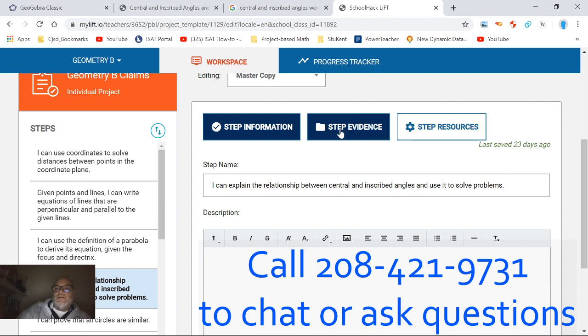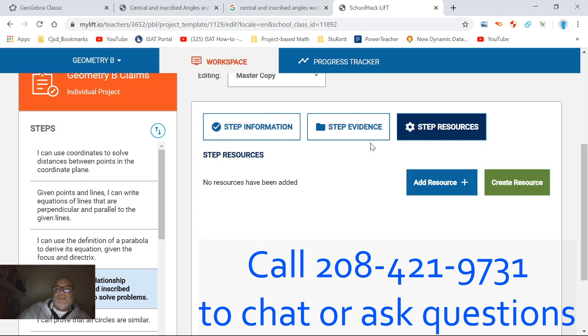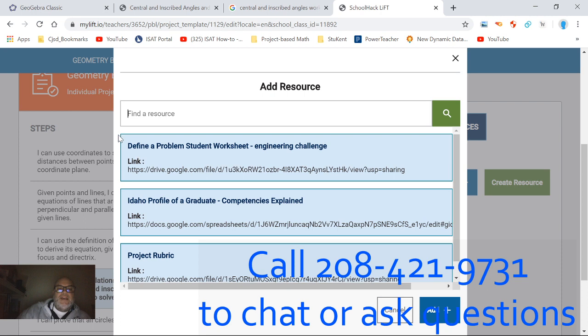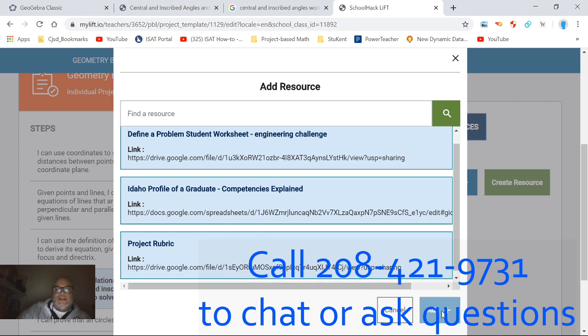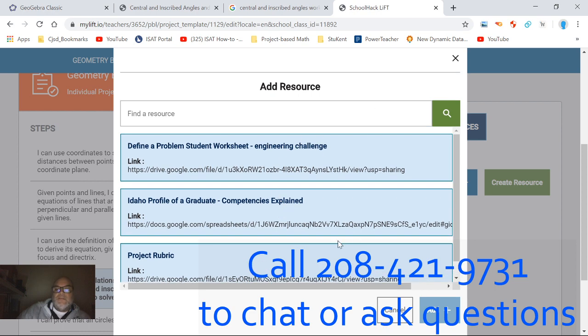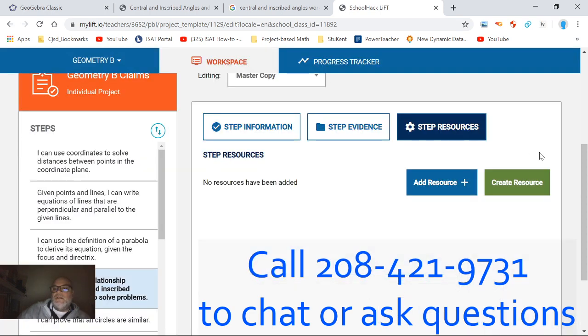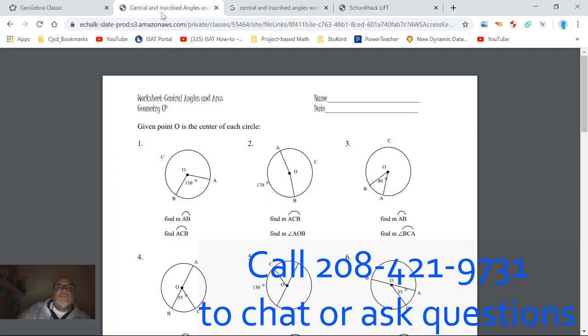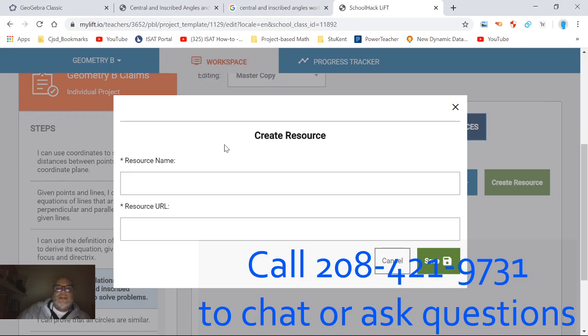I've got in here, let's see, no resources added at this point, but I think I'm going to add in a link. Sorry, I need to create a new resource here real quick. I found this worksheet, and you can use this same one.